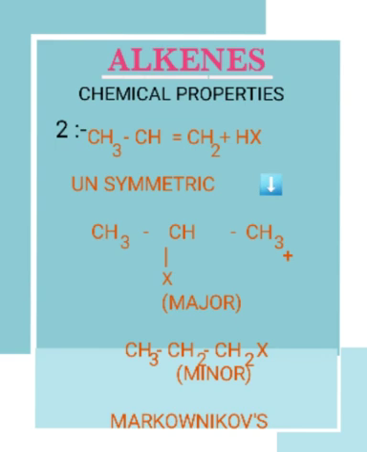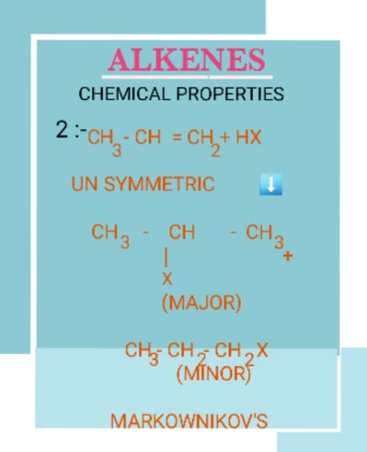However, if the same reaction takes place using an unsymmetric alkene as the reactant, that is, an alkene where across the double bond you have dissimilar groups, then the addition takes place according to Markovnikov's rule, which means there is a mixture of two products, the major product and the minor product.